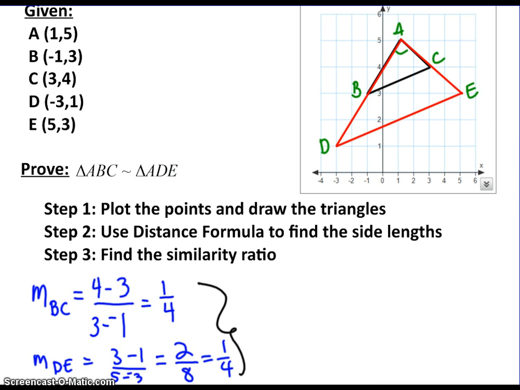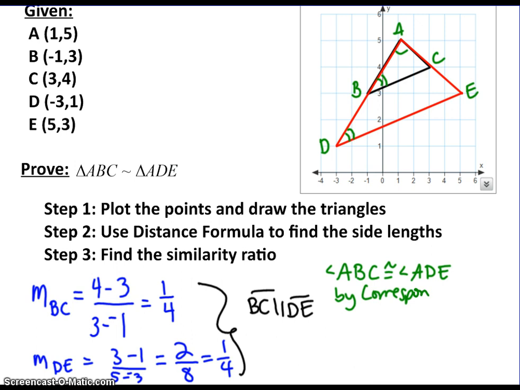Since these are the same, I know that BC is parallel to DE. And because of that, I can say that this angle and this angle are equal by corresponding angles. So angle ABC is congruent to angle ADE by corresponding angles. So I know that triangle ABC is similar to triangle ADE by angle-angle similarity.